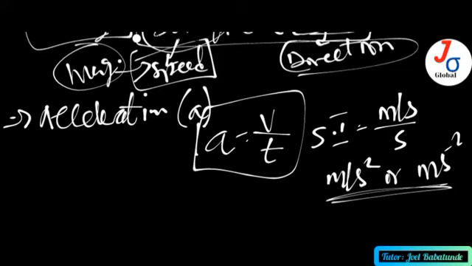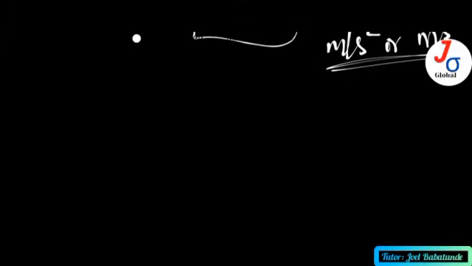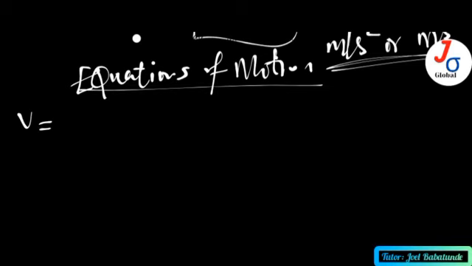And before I close up today, I actually want to give you the 3 equations of motion that you might come across as we proceed in learning about motion. Just 3 in number. So the first is V equals U plus AT.